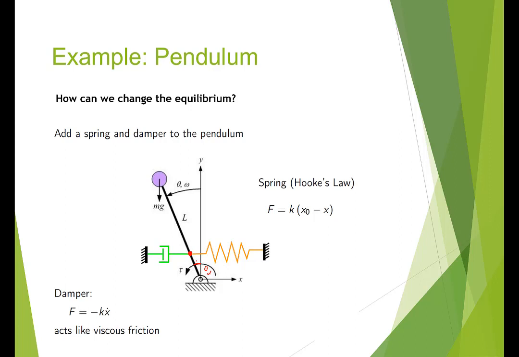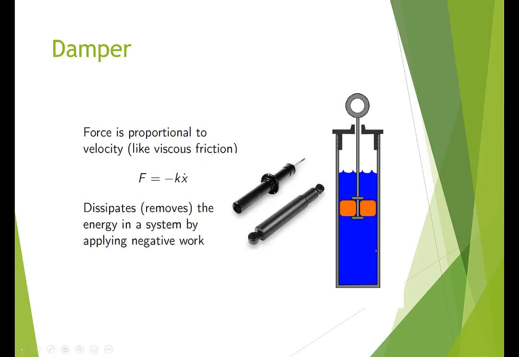If you don't know what a damper is, you've already seen dampers if you have a bicycle or a car. There's a suspension mechanism that makes sure that the car is not vibrating much. For instance, when you go over a bump, it makes sure that the car doesn't jump up and down really fast. A damper is like a spring. A spring basically absorbs the potential energy.